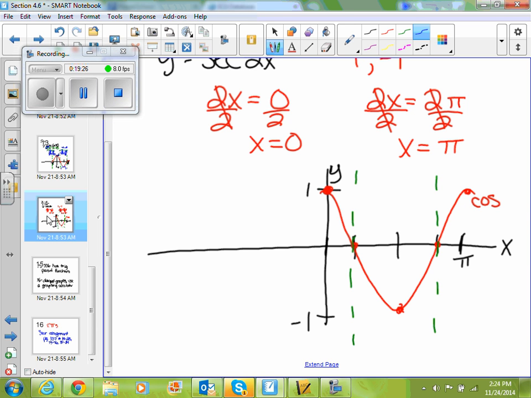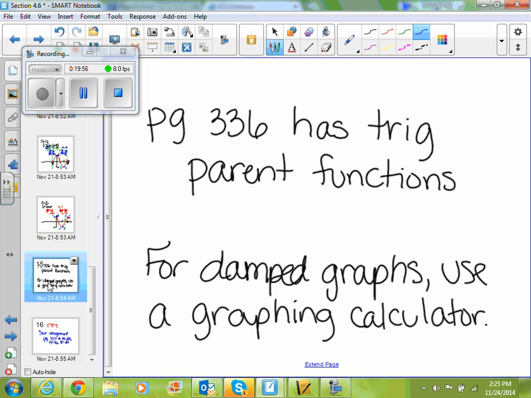So then if I identify my maximums and my minimums, I know that my secant graph is going to bounce off of those maxes and mins and form parabolas. Okay, so that's your secant graph.